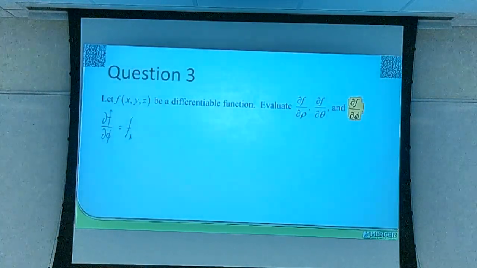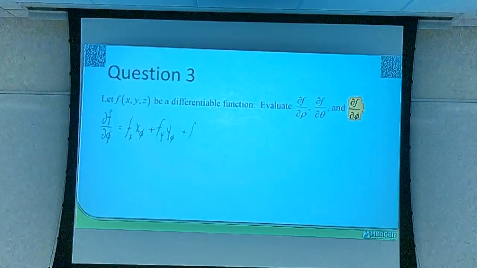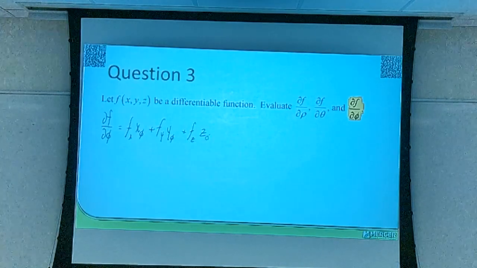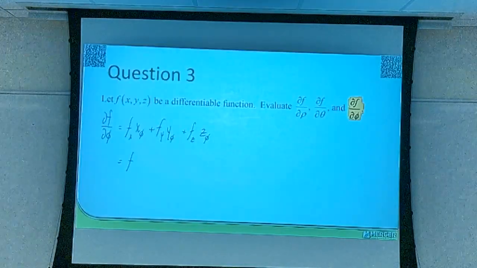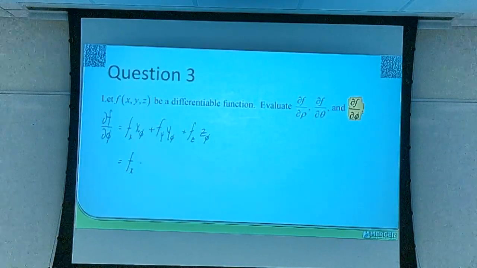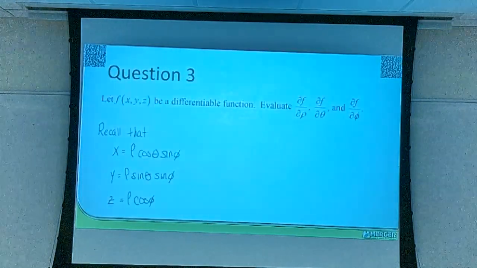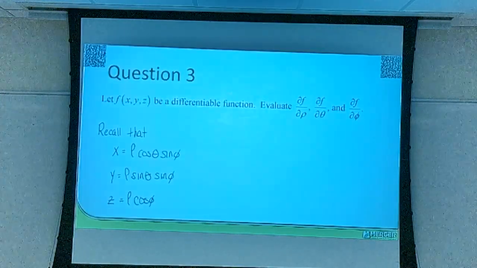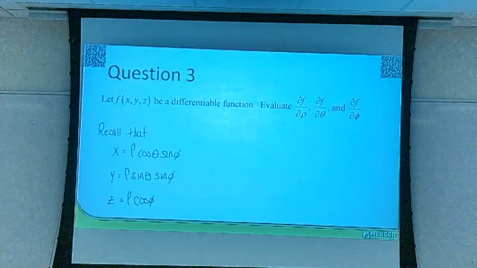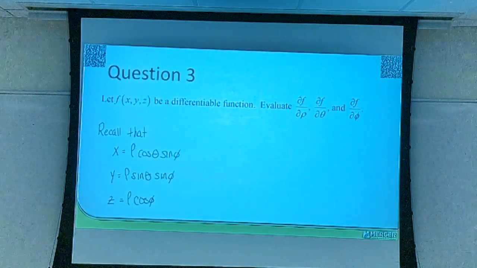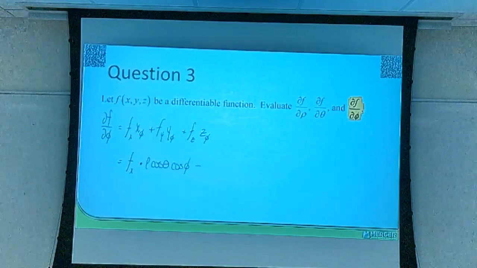Again, chain rule. What is partial of x with respect to phi? Rho cosine theta cosine phi. What about y?